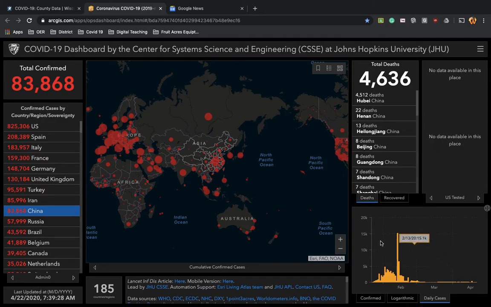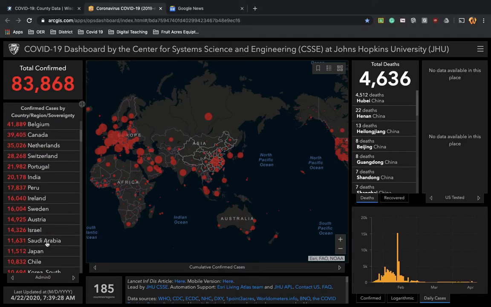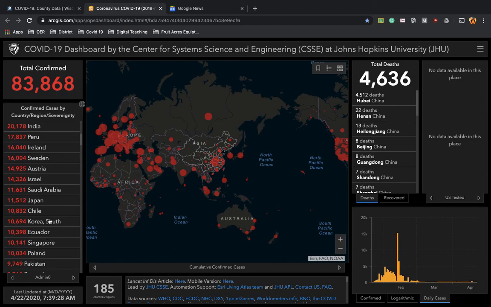I would say based on this graph, it is clear that the social distancing efforts in China worked to save lives and prevent the spread of the coronavirus. I can also say with confidence that they are clearly past their peak, right? The evidence on the graph shows that because the numbers all declined to almost zero. If we come down and take a look at South Korea, we may see something very similar.